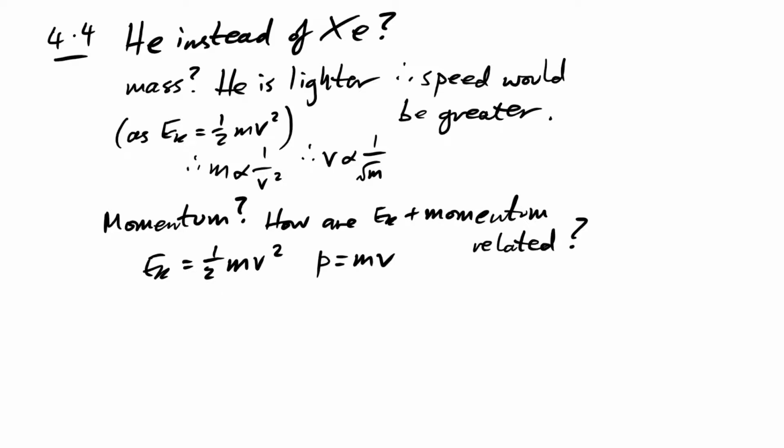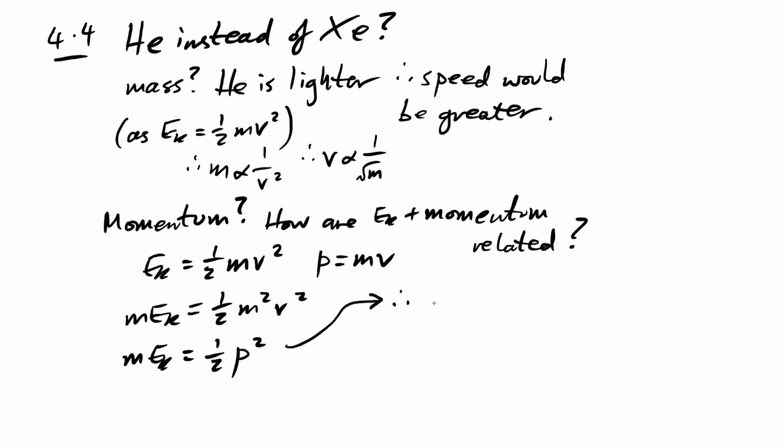So what we do is we multiply both sides by mass, and we end up with half m squared v squared on the right hand side, which is equal to momentum squared. Therefore, rearranging this, momentum is equal to the square root of 2 times the mass times the kinetic energy of a particle. So if they're receiving the same amount of energy, we can get rid of that and the constant as well.